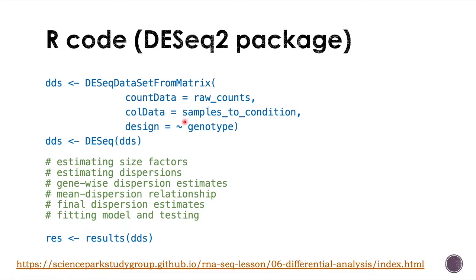Here we had one condition called genotype, so this is going to be our design. You then feed this object and allocate it to the same object using a function from DESeq2 called DESeq that performs the differential analysis. It does a lot of things under the hood. And finally, you will be able to extract the table of results using another function called results.